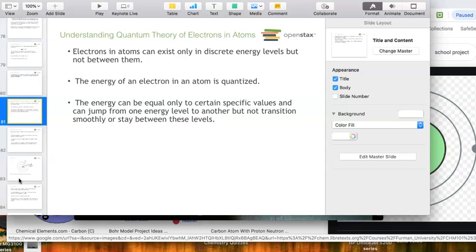Or if you're synthesizing certain chemicals, sometimes you'll have reactions where a certain percent will give you one product and a certain percent will give you another product.